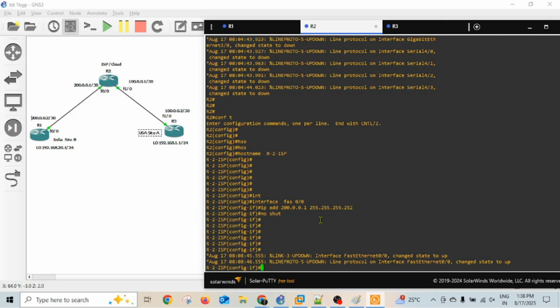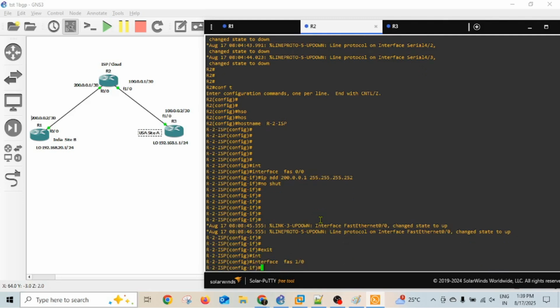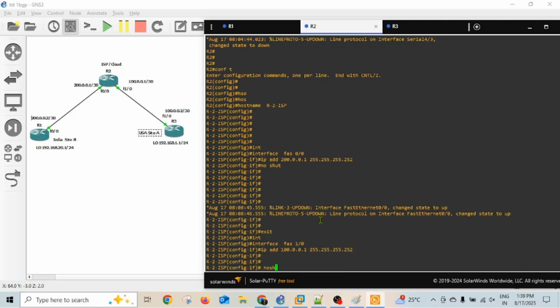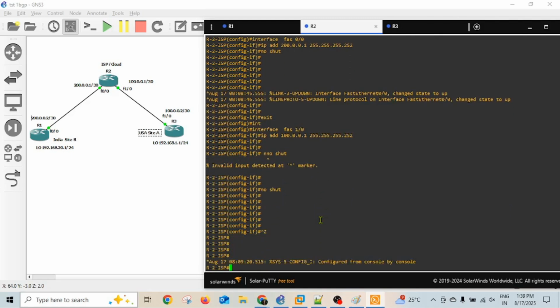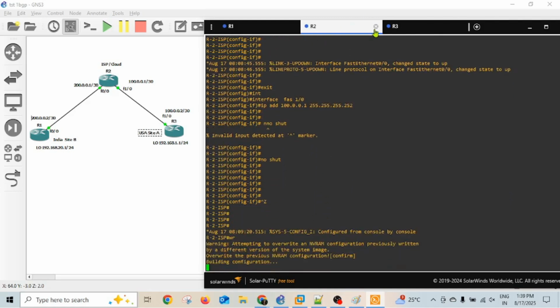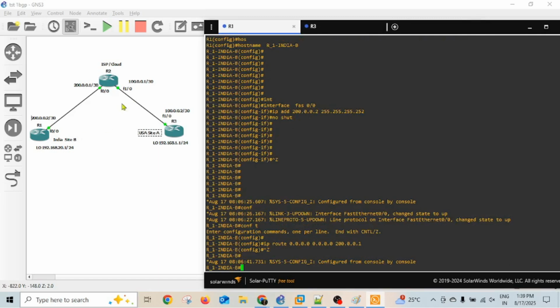They provide only the default route. Same here, I have configured interface FastEthernet 1/0 with IP address 100.0.0.1, 255.255.255.252. It's /30, so we have two hosts. So on R2 I have configured only the IP addresses on the interfaces toward the US and India, and I did not do any routing. I will just quit router 2.